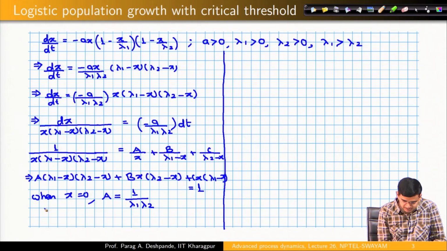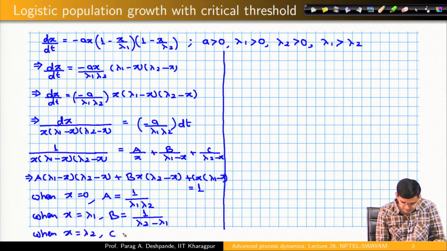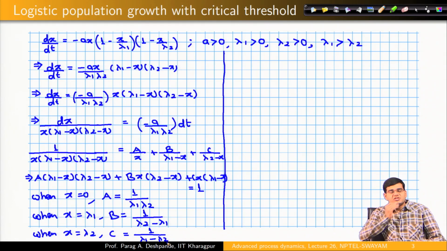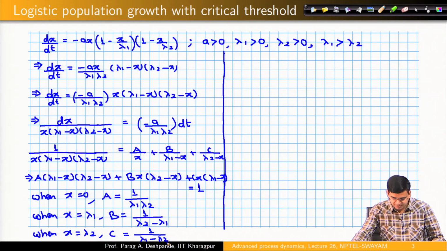So, then in a similar manner I can put x is equal to lambda 1, I can write b is equal to, the first term will become 0, the term with c will become 0. So, this will become 1 upon lambda 2 minus lambda 1, and when x is equal to lambda 2, c should be 1 upon lambda 1 minus lambda 2. So, I have the expressions for a, b, c.